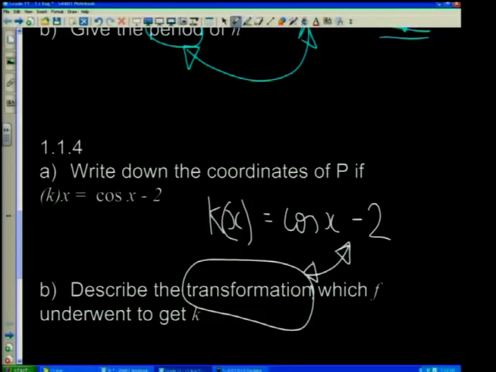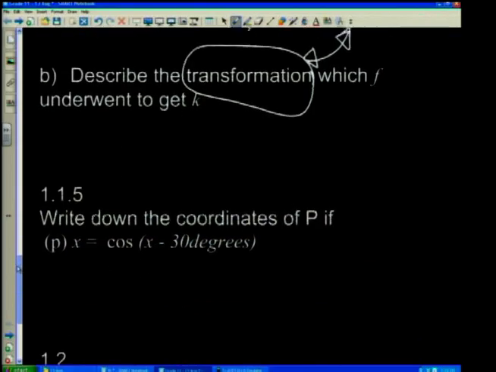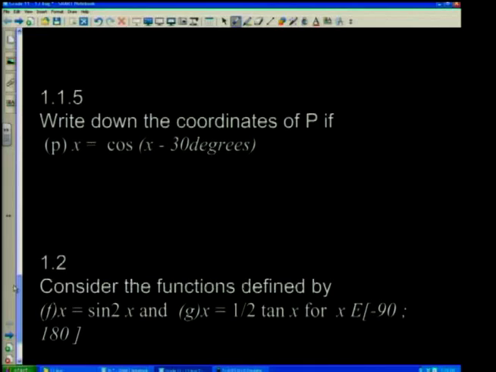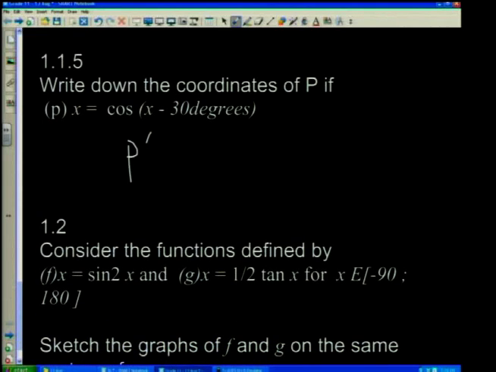So some connection there. What transformation do we see? And then finally, we'd like to look at P of x as the cos of x minus 30 degrees. And again, right, and we'll stop there because this is a different function.